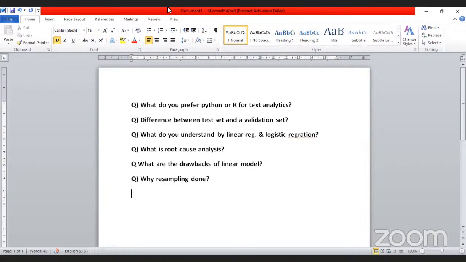The types of resampling are randomization, Monte Carlo, and bootstrap. Is it clear?